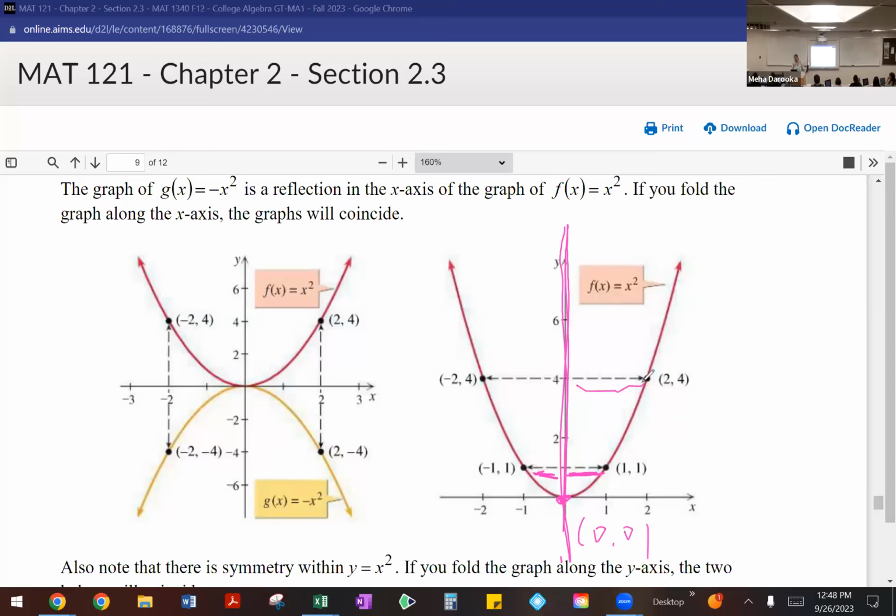Same thing here, this distance here and this distance here is going to be the same. So the same idea, if we fold our graph along the y-axis, the two halves will be exactly identical. And that distance between the points will be the same, and that's going to be true throughout the length of your parabola as it's opening upwards. That is what we talk about as symmetry. So we say this graph f of x equals x squared is symmetric about the y-axis.